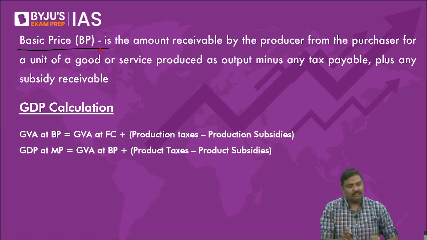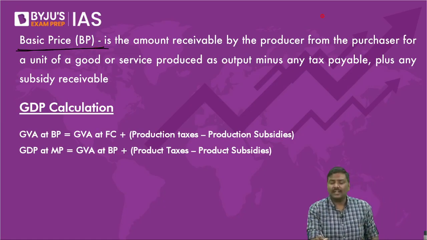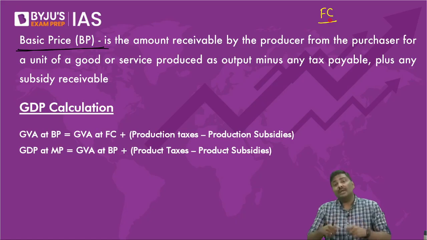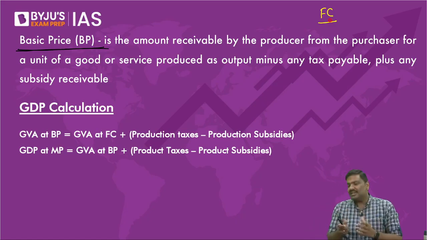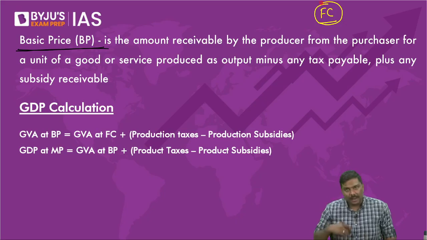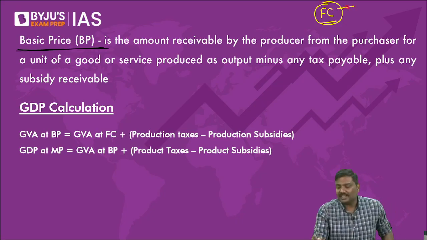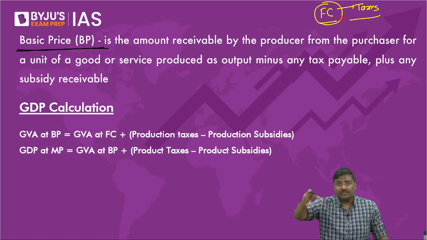That minimum amount is called basic prices. Some of you believe that factor cost should be the minimum price. But the argument in the GDP calculation is no. Apart from the factor cost, you have also paid certain taxes which are not connected to the volume of production.